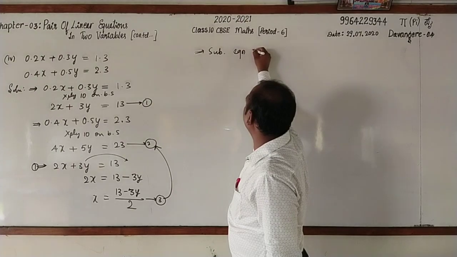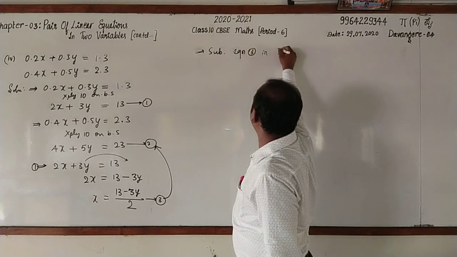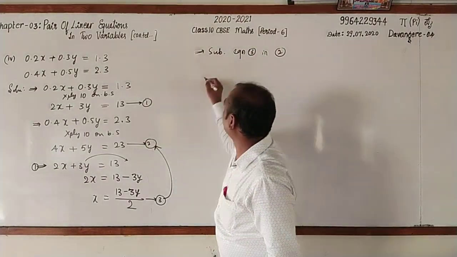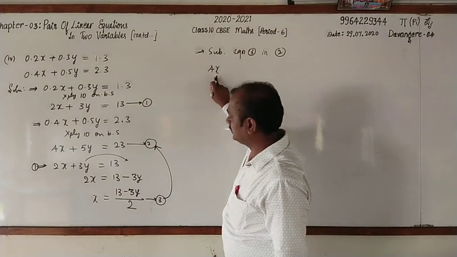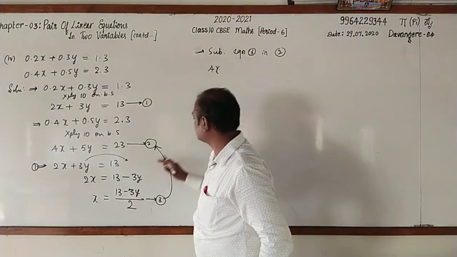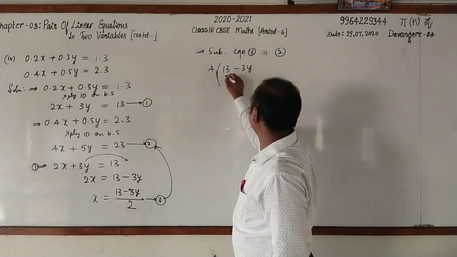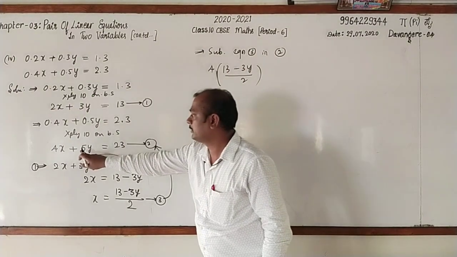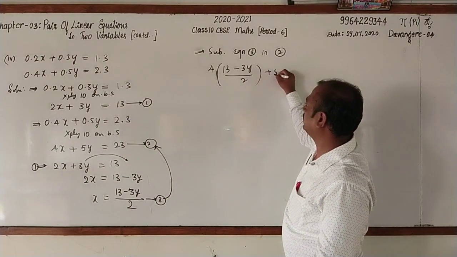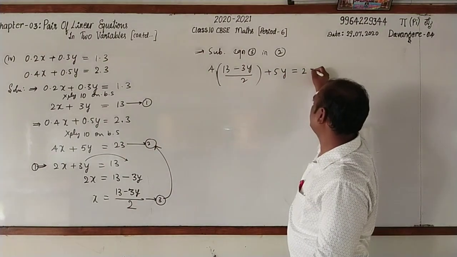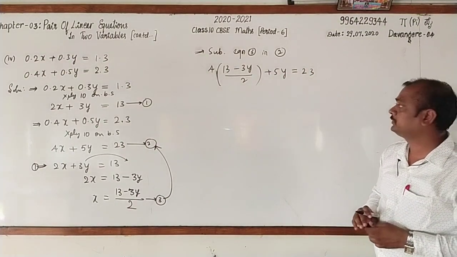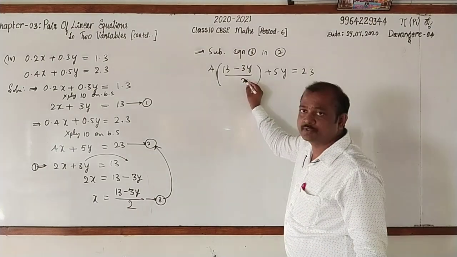Substitute equation 3 in 2. Then 4x, already x is known. It is 4 times (13 minus 3y)/2 plus 5y is equal to 23. Followed? Then observe it.